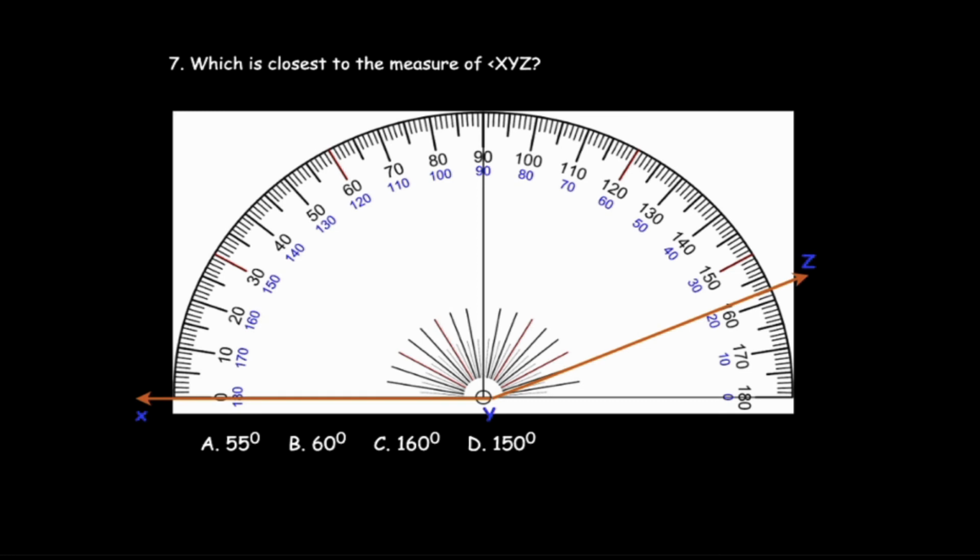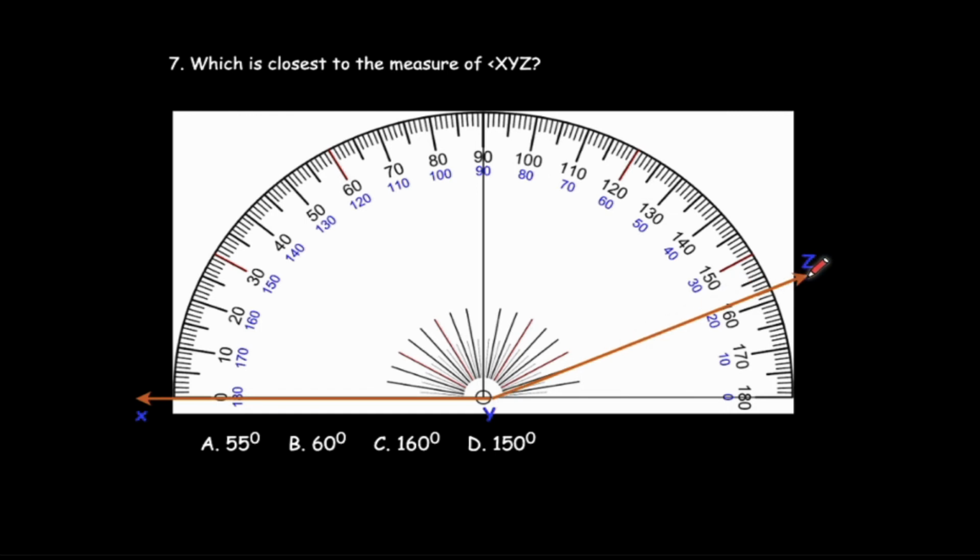So number 7, which is closest to the measure of angle XYZ? So let's take a look at this measurement here. So we have a protractor and we are looking for the closest measure of angle XYZ.